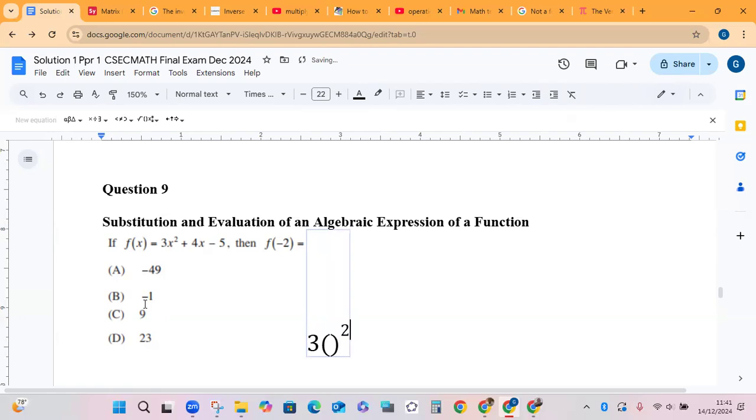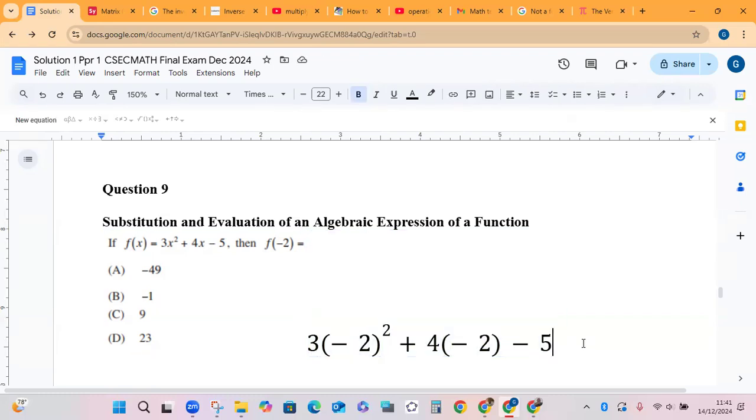Just like when you have the different letters we did with 5, 6, and 7. Now the only letter that there is x. So x is replaced by the mathematical basket. And in that basket, we put -2. And then we evaluate.